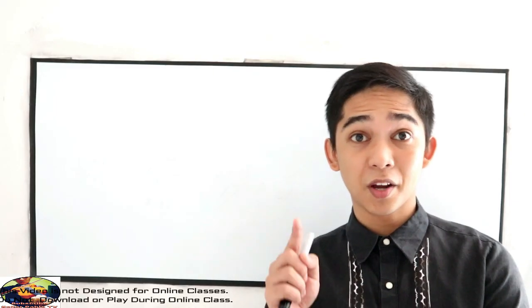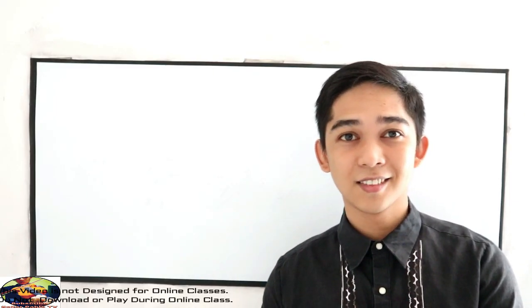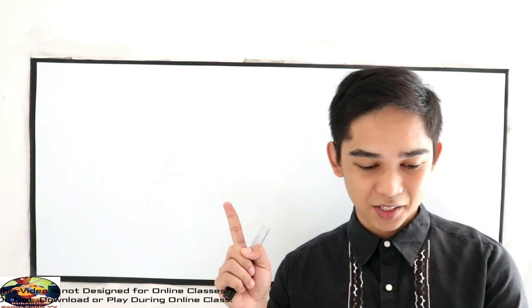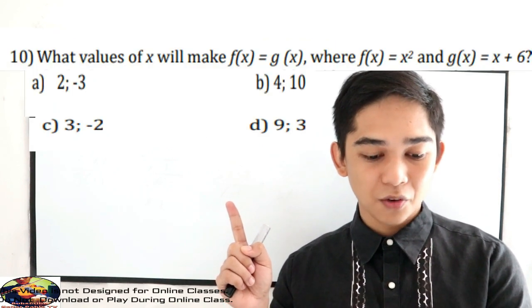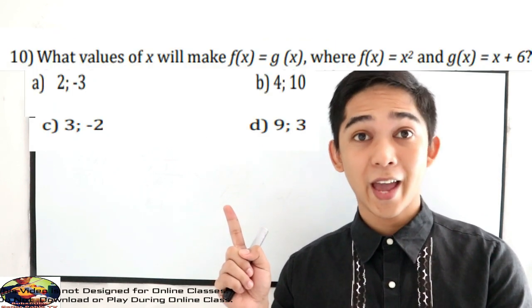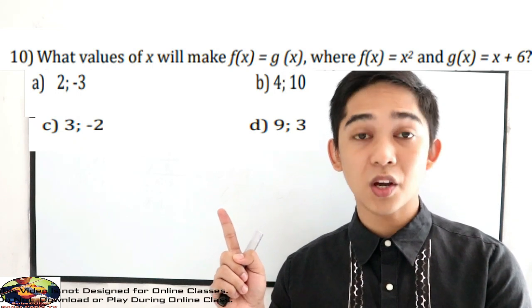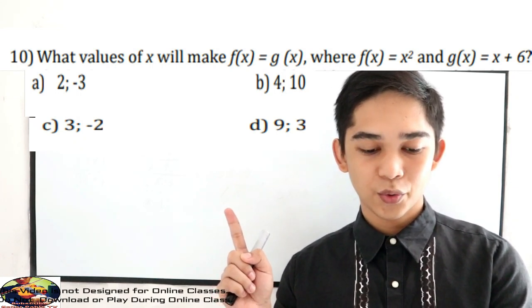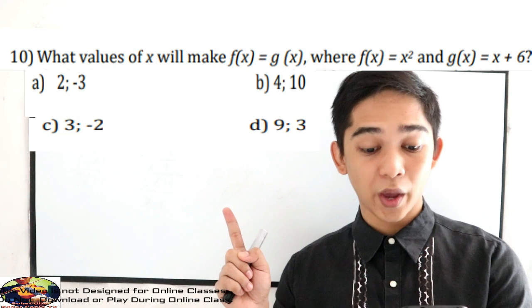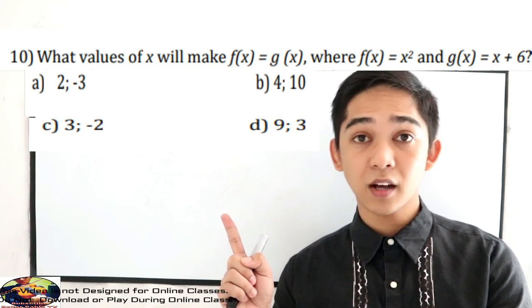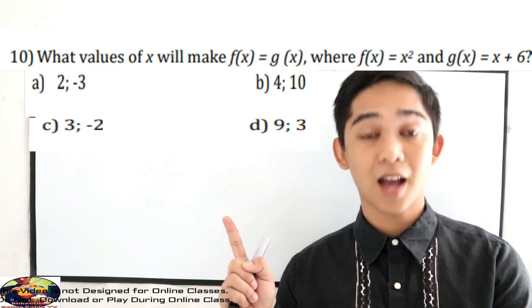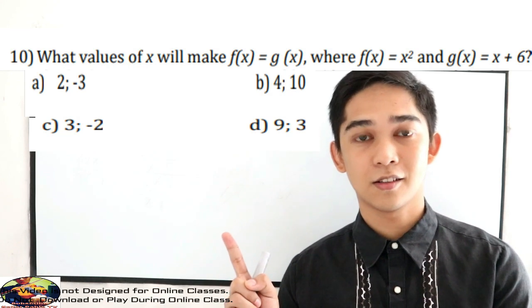And now we are in number 10. The question in number 10 is, what values of x will make f of x equal to g of x? where f of x is equal to x squared and g of x is equal to x plus 6.